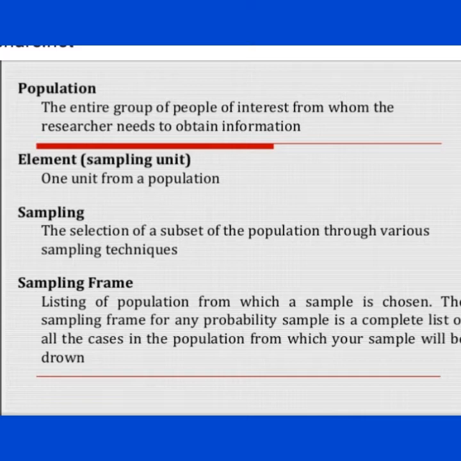And it is very easy and convenient to draw the sample from a population which is homogeneous in nature. But we know that the population is heterogeneous, means different in all aspects.